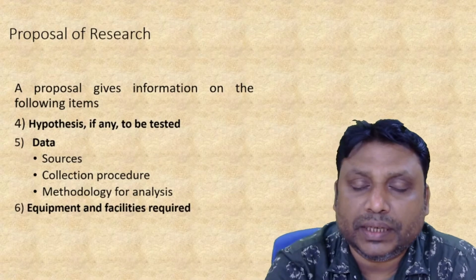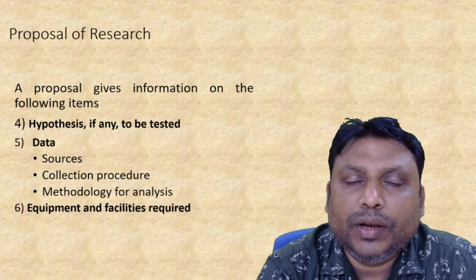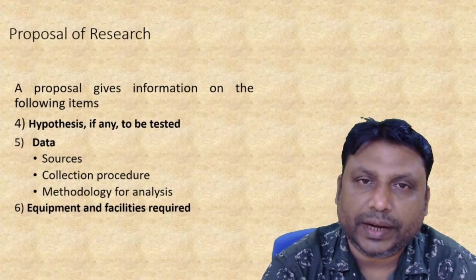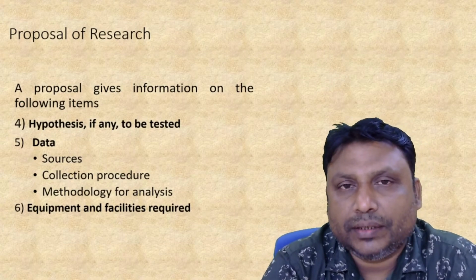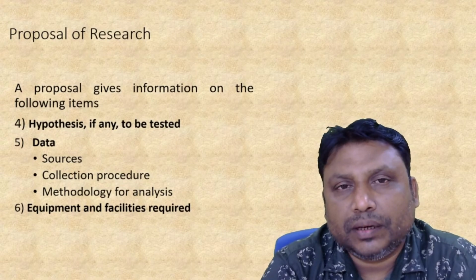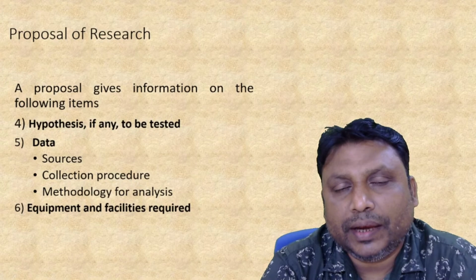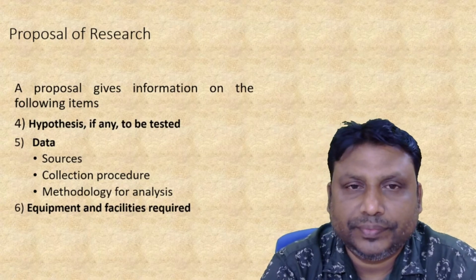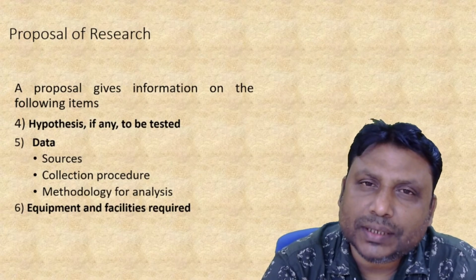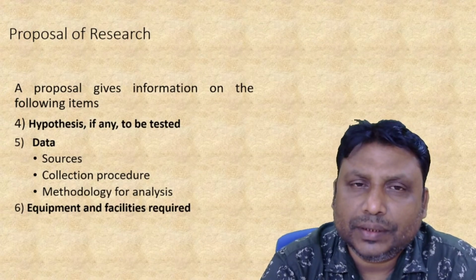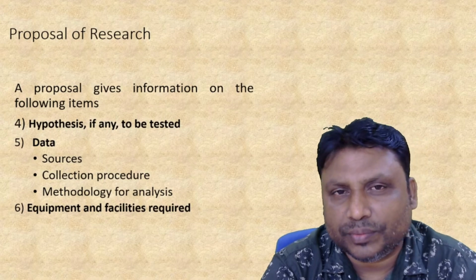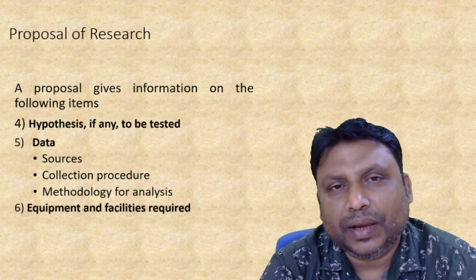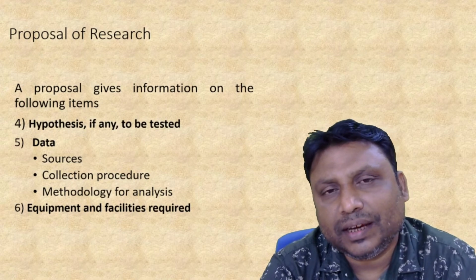For example, take the development of quality education in a school. Suppose the first objective is that there is a lack of practical knowledge among students in the classroom. When you take the hypothesis from this objective, you can write that lacking of practical knowledge is significant in the classroom.